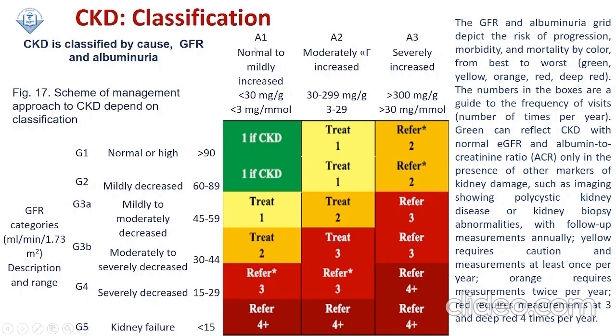If a patient has normal or mildly increased albuminuria and normal, high or mildly decreased GFR, this patient must visit the doctor only 1 time per year. And usually we just work with risk factors, we don't treat because at this moment the problem is absent. This value means how many times per year the patient must visit the doctor to check kidney parameters.